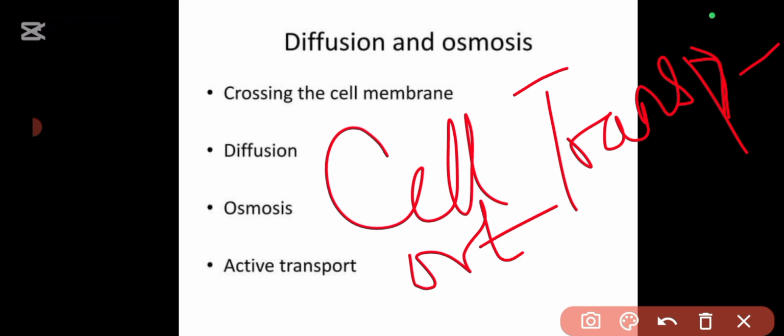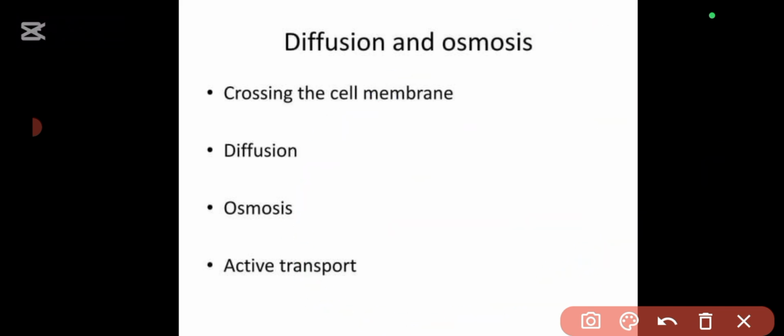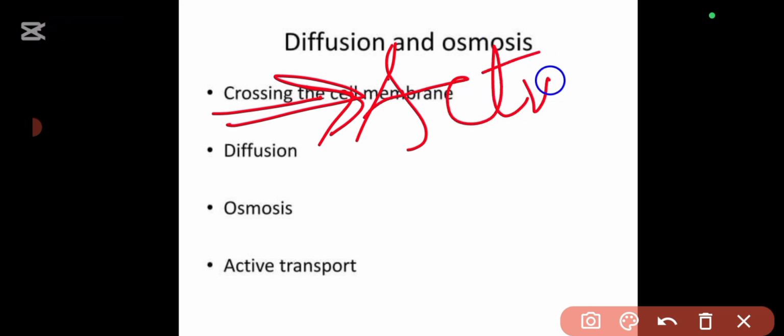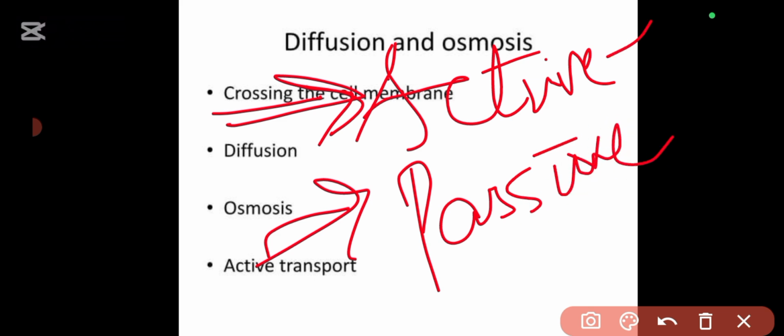There are two ways by which cell transportation happens. That is, substances move into and out of the cells by two mechanisms. The first mechanism is active transport, and the second mechanism is passive transport.